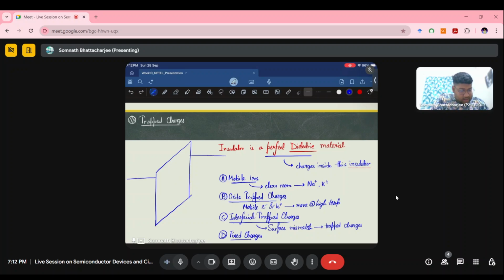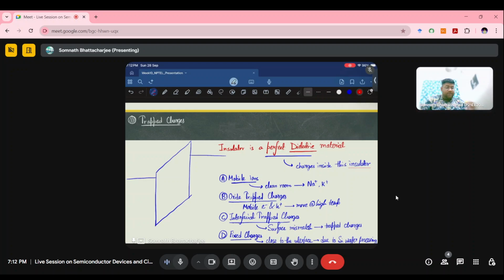But these fixed charges are very close to the surface, close to the interface, and are due to silicon wafer processing. So what do I mean by processing? Processing is like while cleaning it or while oxidizing it, there can be introduction of fixed charges, and based on this, there can be several issues.